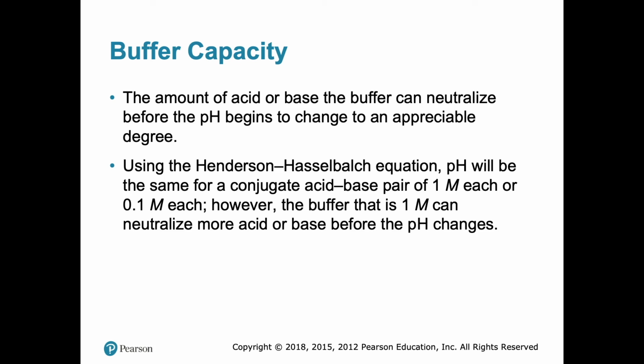That means it can handle protons and hydroxides down to 6.4 pH or up to 8.4 pH, plus or minus 1 pH.